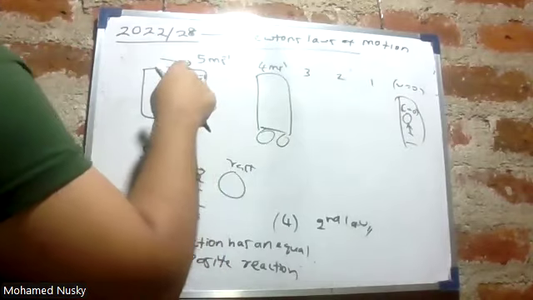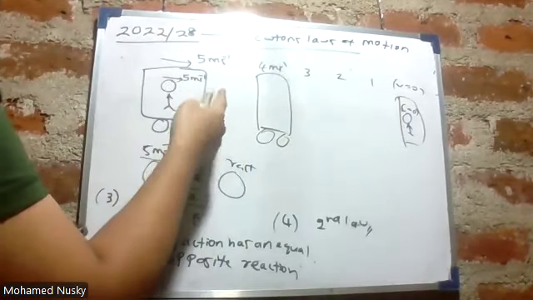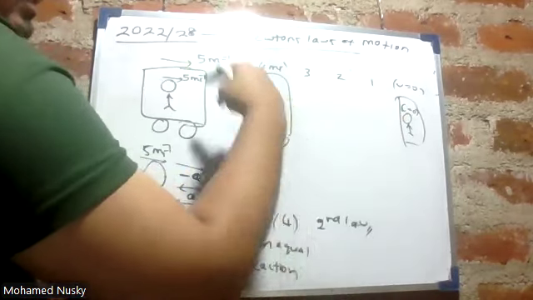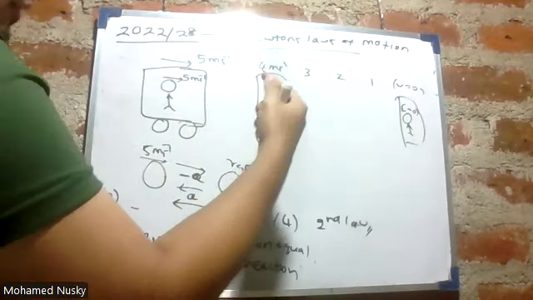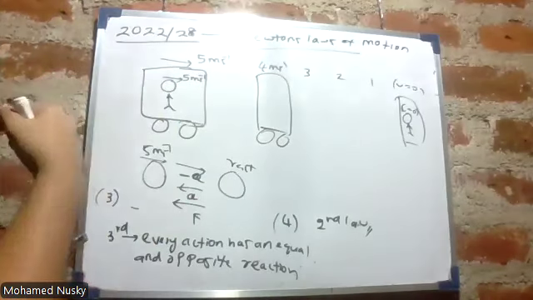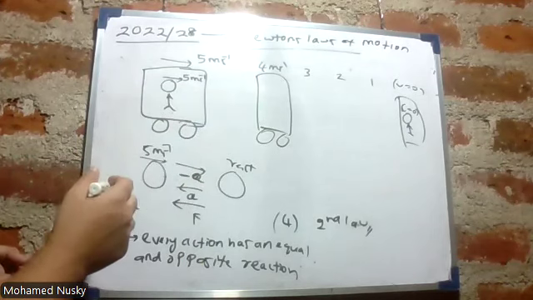If his velocity needs to decrease from 5 to 0, then he should decelerate. If he is decelerating, there should be acceleration in the backward direction. But if acceleration is in the backward direction, then the force should act in the backward direction. For this person, how is this force created? By friction.